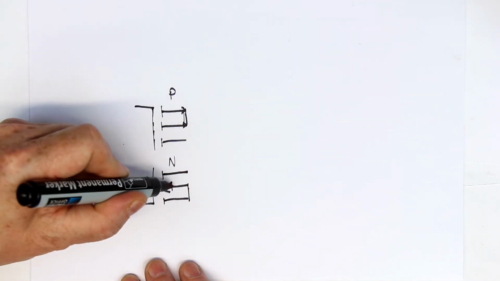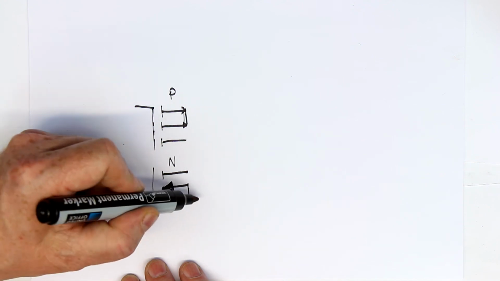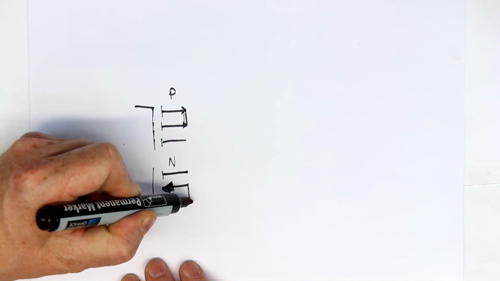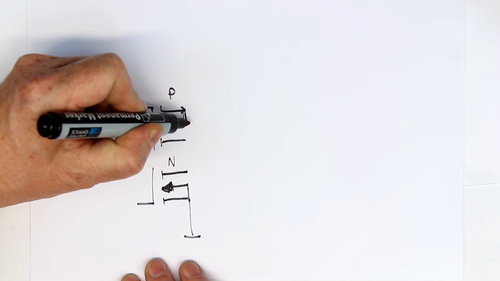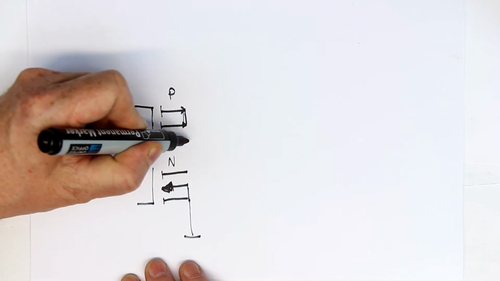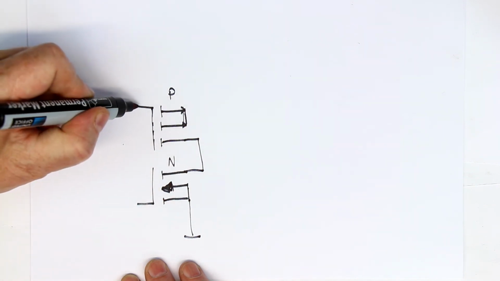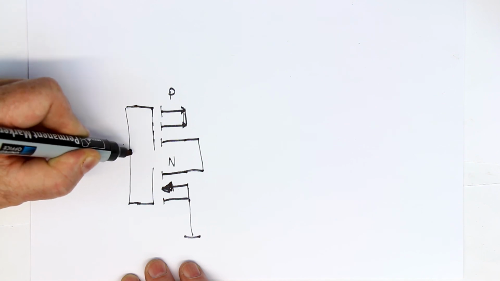The body diode, the gate substrate, and the source are drawn together. They go to ground, and now the outputs of the two are connected, as well as the inputs.